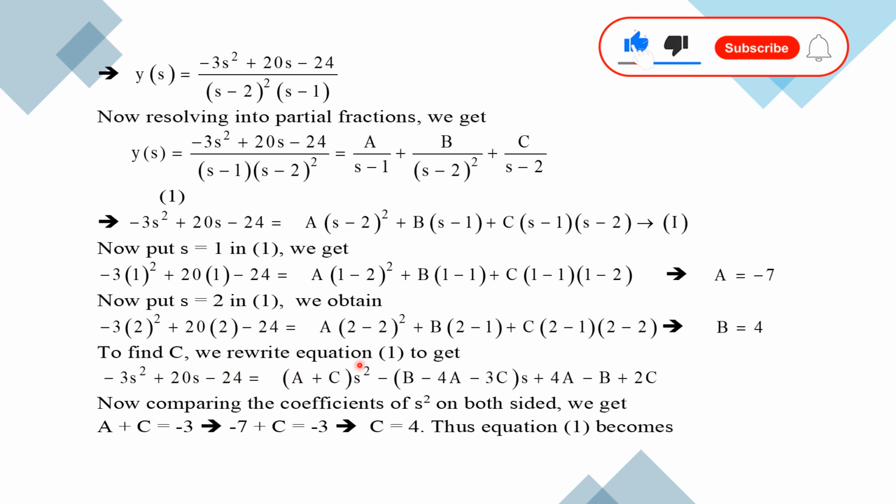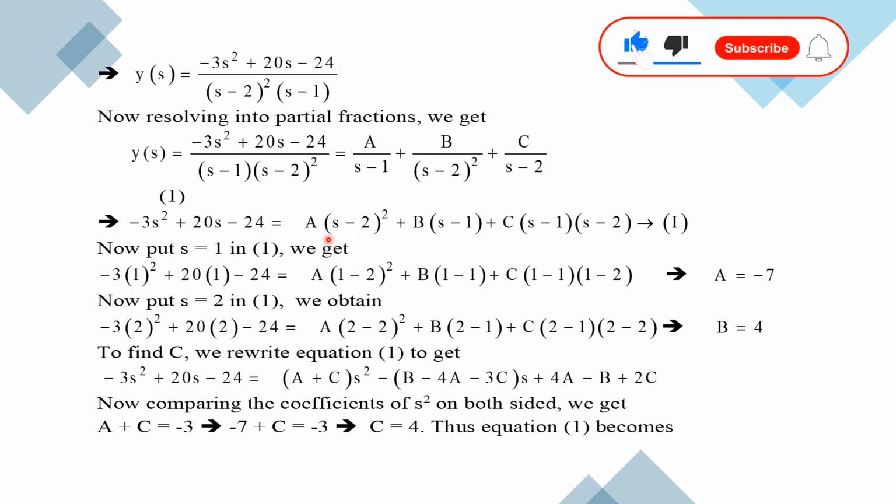To find c, we rewrite the equation, or rather we don't rewrite, we just compare the coefficient of s square on both sides. From the right hand side the coefficient of s square is minus 3.